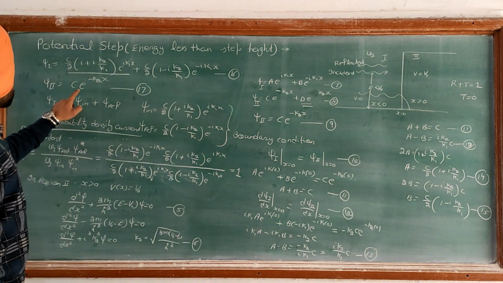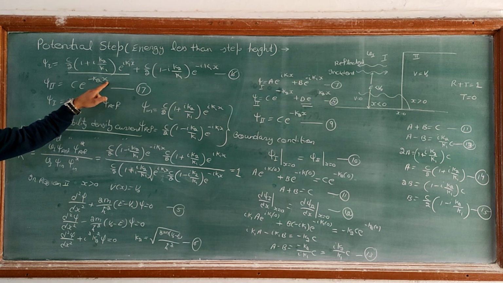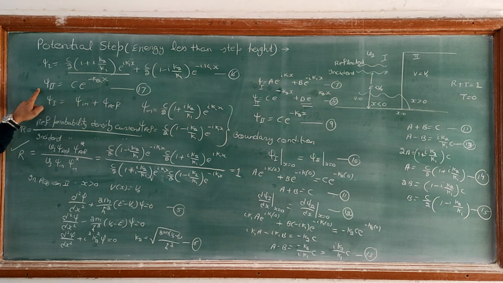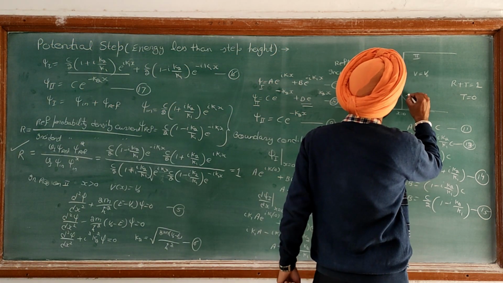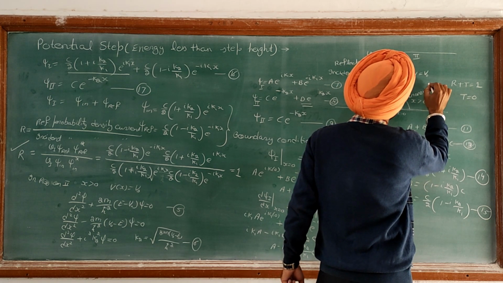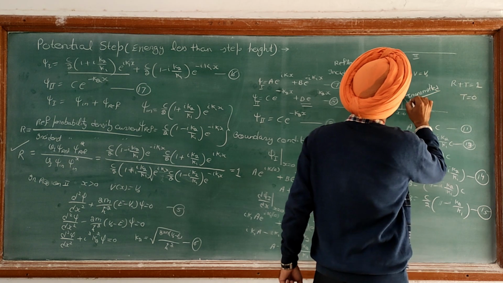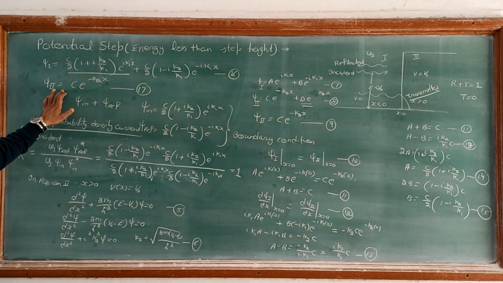So exponential minus k2x: as x increases, this term goes to 0. So I represent it like this. This is the incident wave and this is the transmitted. So the wave function is not 0, but the transmission coefficient is 0.